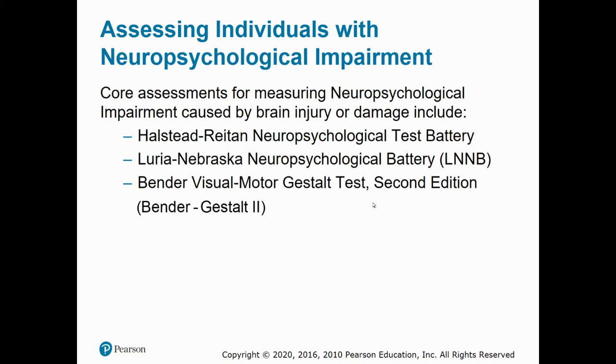I worked in a prison, and believe it or not, it's highly believable. We had a lot of individuals in a prison setting who had traumatic brain injury. So we did use the Bender quite a bit, more as a screening before sending them on for more testing if I felt like that was something that was impacting them.